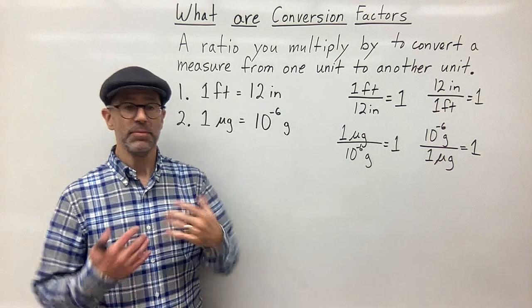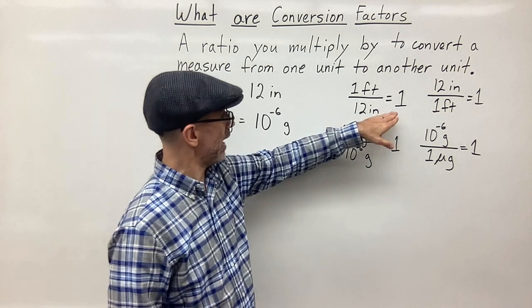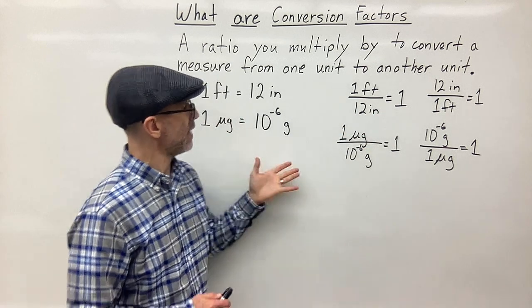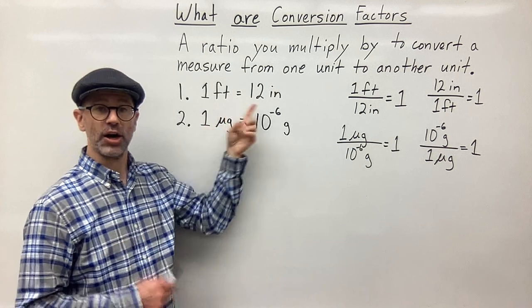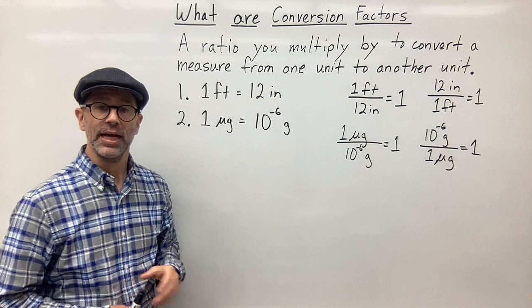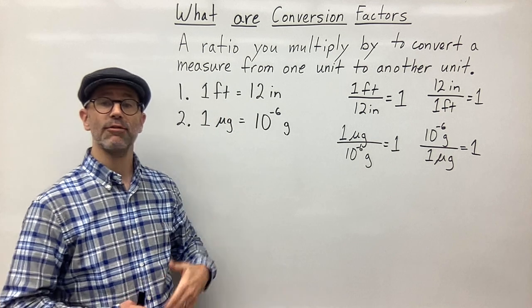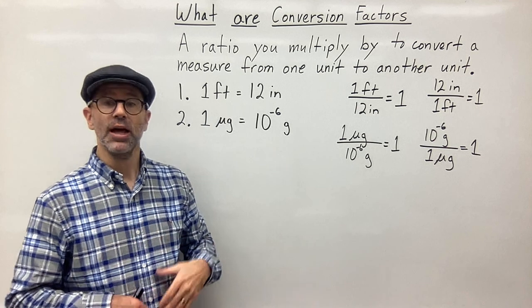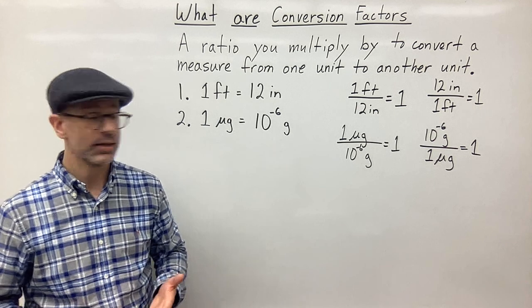Okay. Now, what do I have here? Let me explain the equality of one. And that goes back to the fact that these are equal in magnitude. So anytime you have one thing over another and those two things are equal, the ratio is one, right?